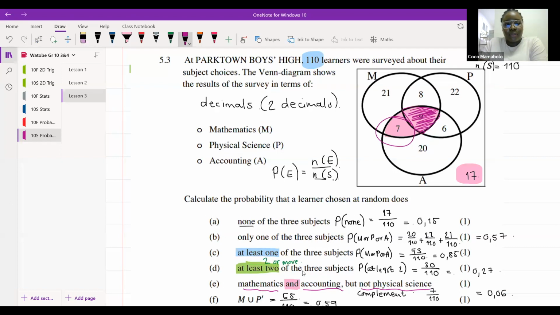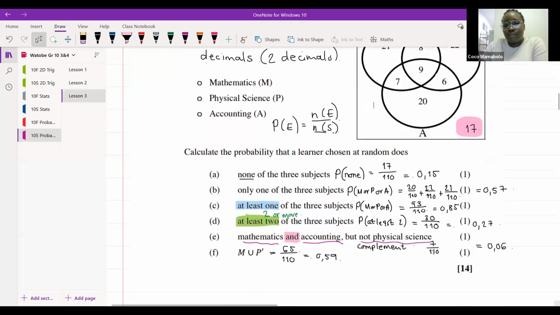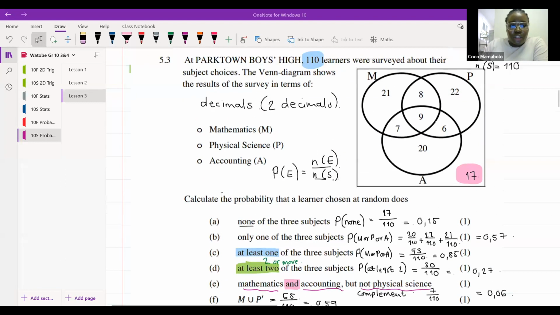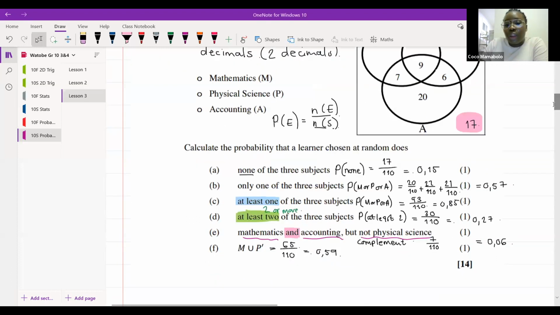All right. Yes, Tiana. What's up, Tiana? Ma'am, so why are we including the 17? Because they say maths union not physics, so the 17 is not doing maths. Correct. It's not doing maths, but it's not doing physics either. Because all they want is anything that's not physics.